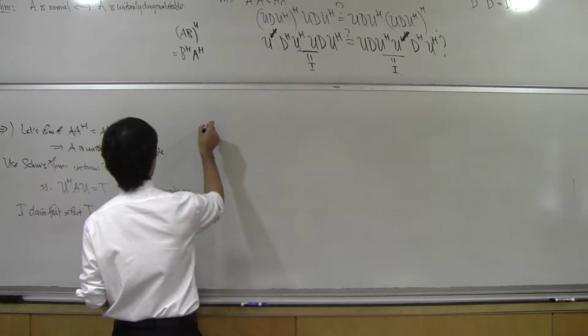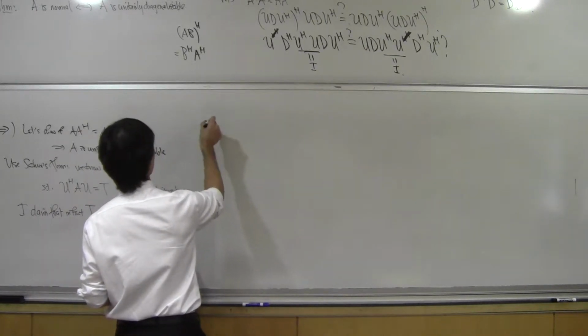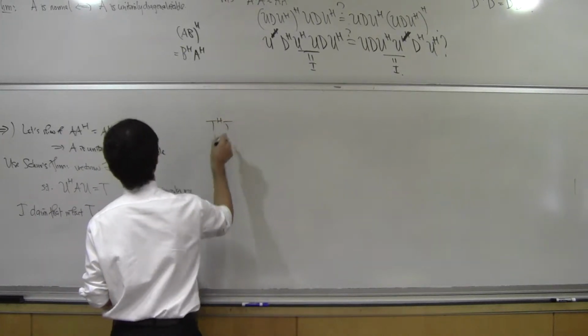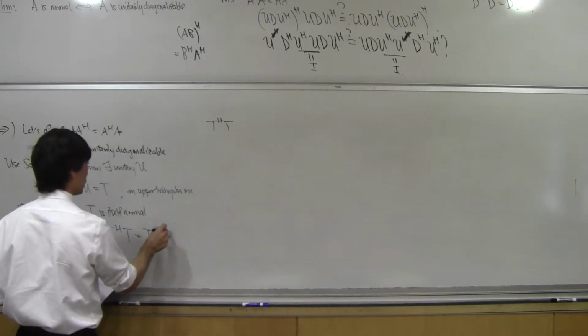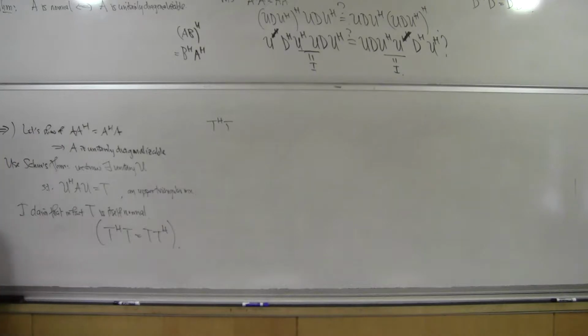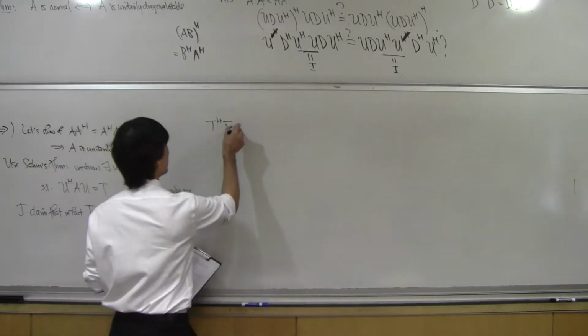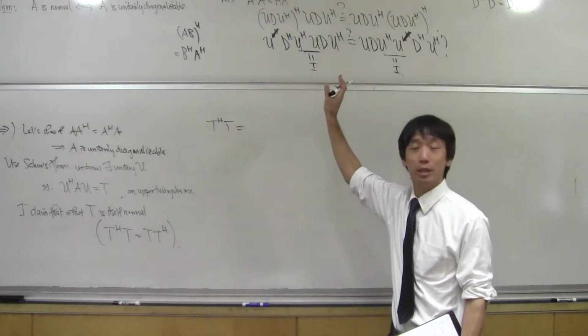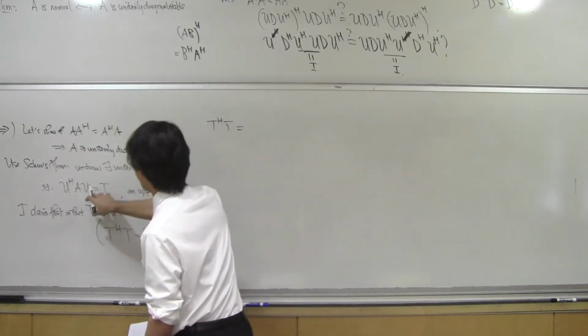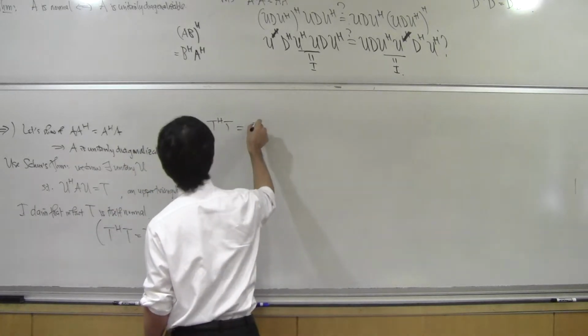Again, it's the same sort of thing. So consider T^H T. We want to see that T^H T equals T T^H. It's basically the same sort of game that we just played.